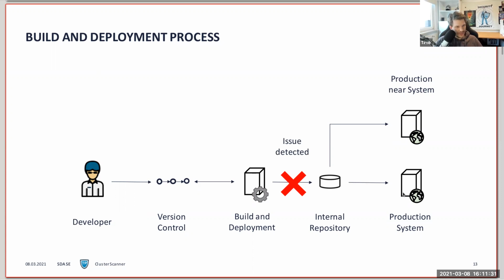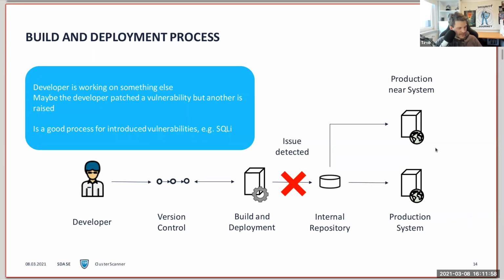But when you detect issues in the build and deployment server, and you stop rolling out, because an issue got detected, it doesn't go to the next systems.